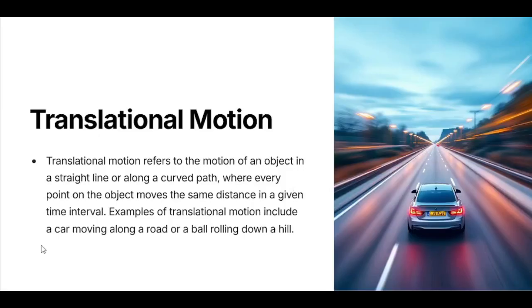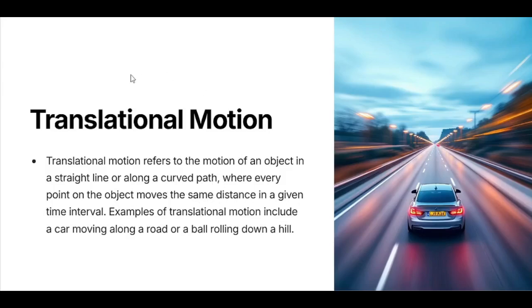So let's see translational motion. Translational motion refers to a motion where an object is moving in a straight line or along a curved path without going back to its starting point. It refers to the motion of an object in a straight line or along a curved path where every point on the object moves the same distance in a given time interval.